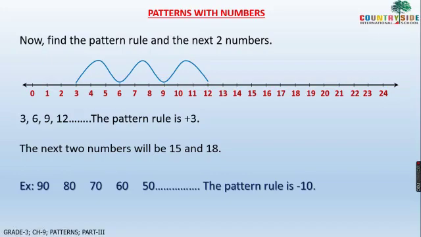But here what is coming? 80. After 90 we are getting 80, then 70, then 60, then 50. So the numbers are reducing, that means we are going backward. This is backward counting. When we are going backward, we put a minus sign. And how many numbers have I skipped? It is 10 numbers. So the pattern rule is minus 10.